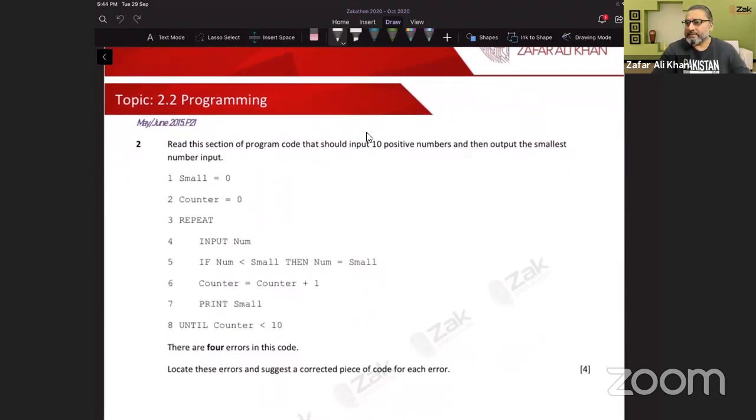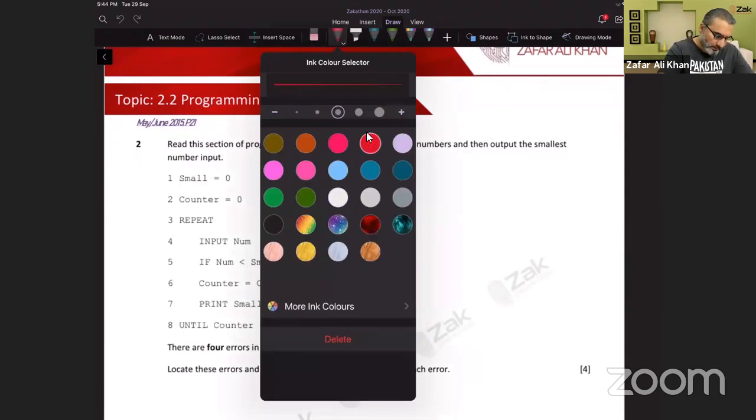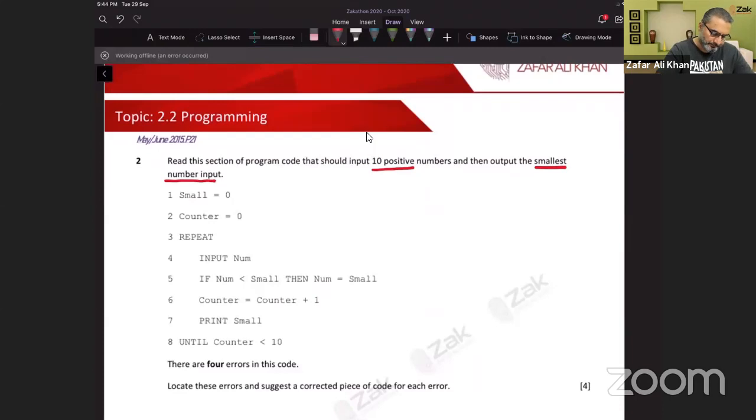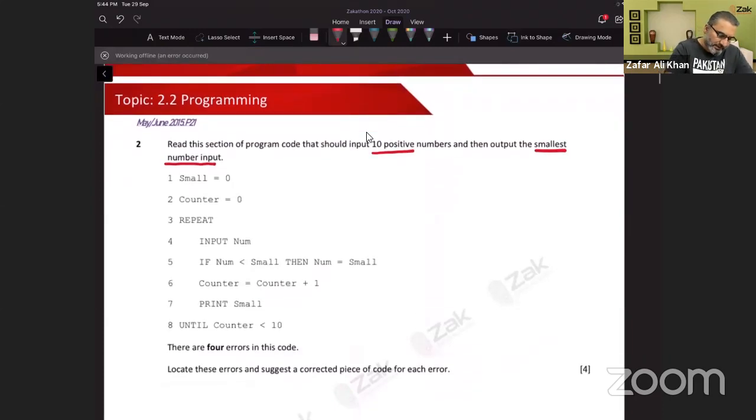read this section of program code that should input 10 positive numbers and then output the smallest number input. So the smallest should be plus 1000, counter is equal to 0, repeat, input a number.